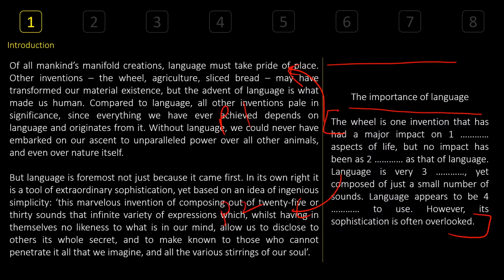Your task is to first figure out which paragraph and then find answers for the blanks 1, 2, 3 and 4. You have to look into the passage, find the paragraph, look back and find the answers.